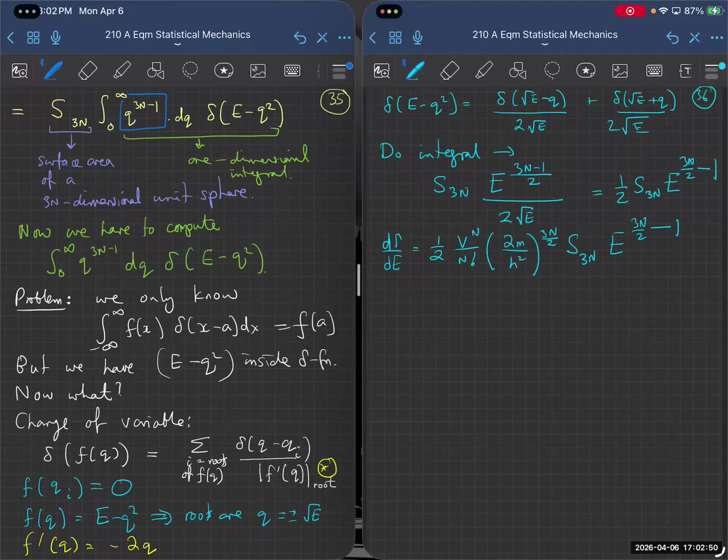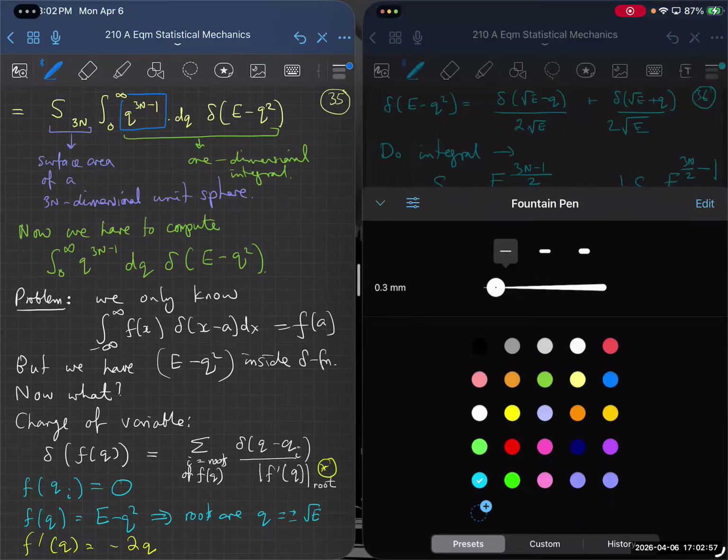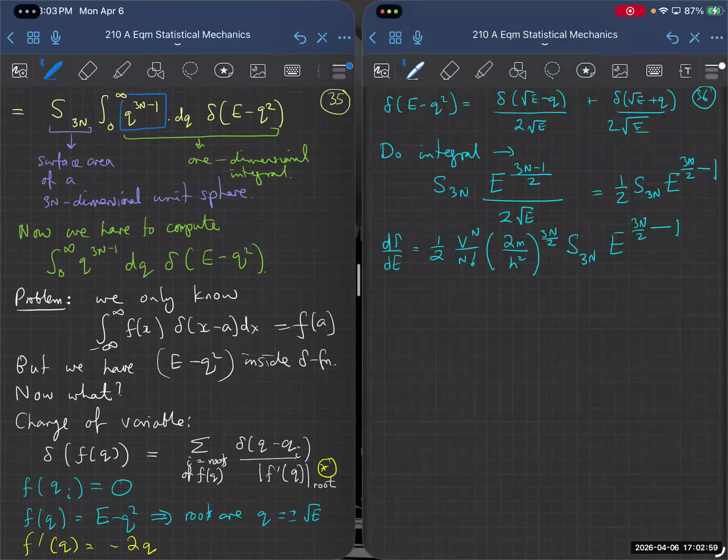We still have one more thing to do. I want to now show you what this factor of s to the 3n is.